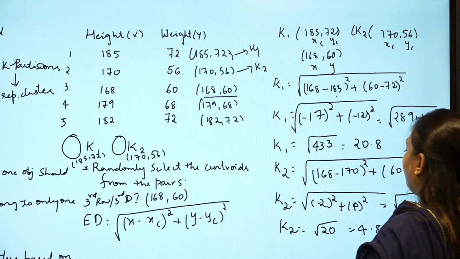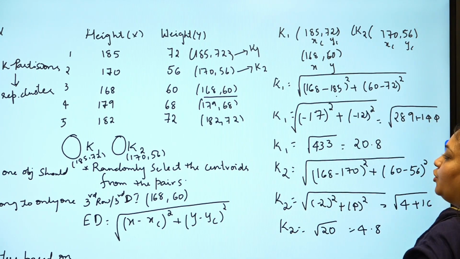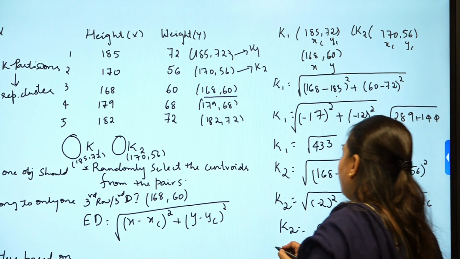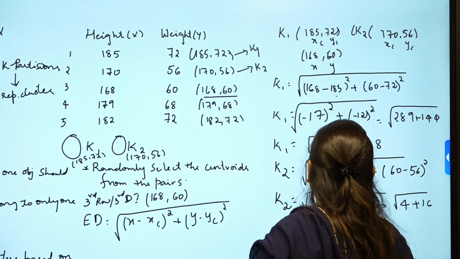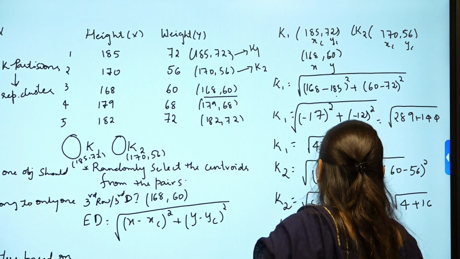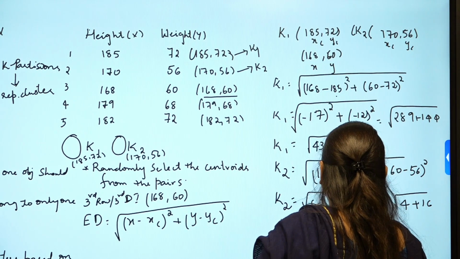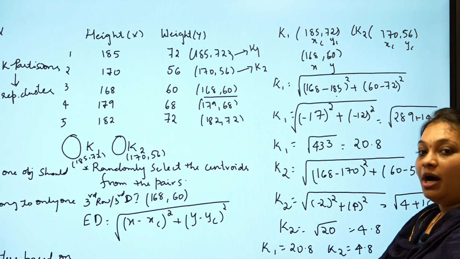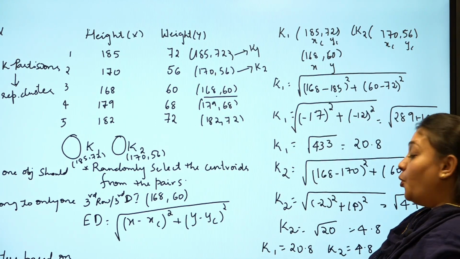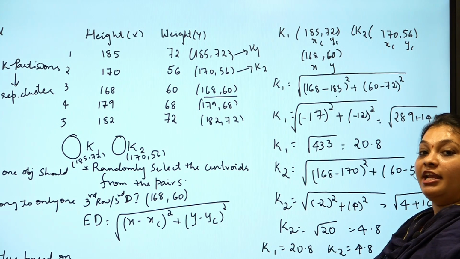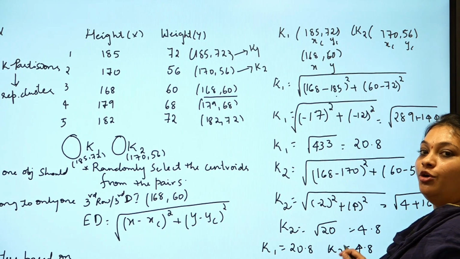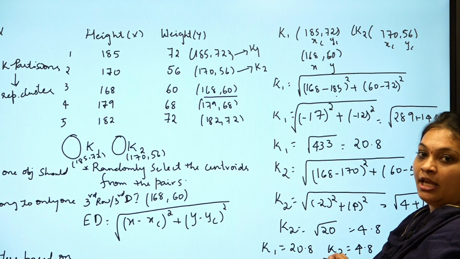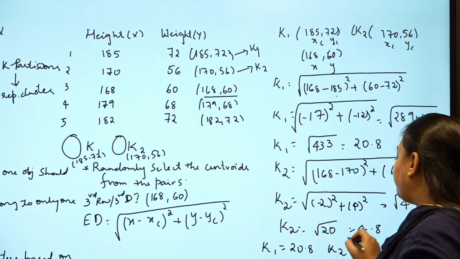Now I have got the K1 and K2 values. K1 is equal to 20.8. K2 is equal to 4.8. Now, you have got to remember here, we need to check which is the lesser value. The lesser value would be considered for that clustering.